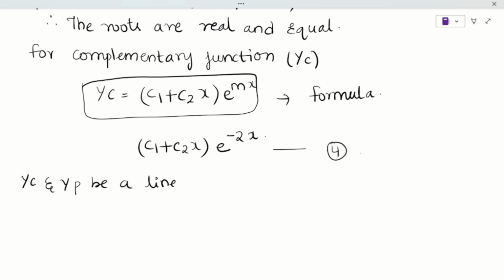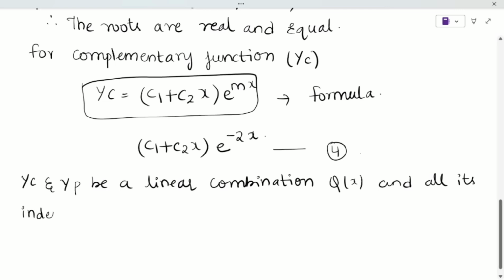There is no term common with yc and yp. So I am taking a linear combination of q of x and finding all independent derivatives.